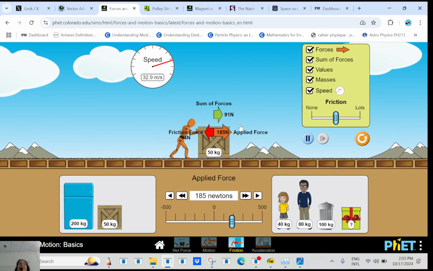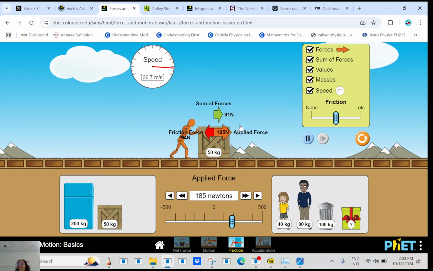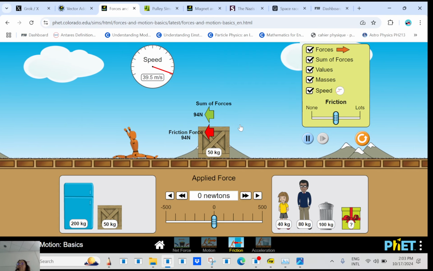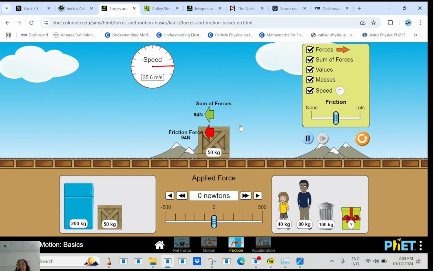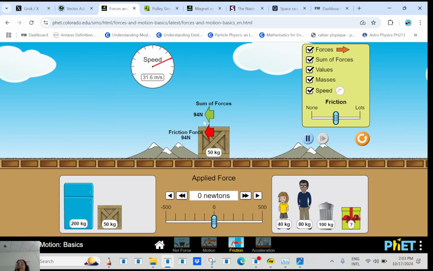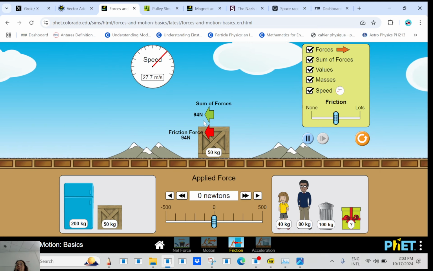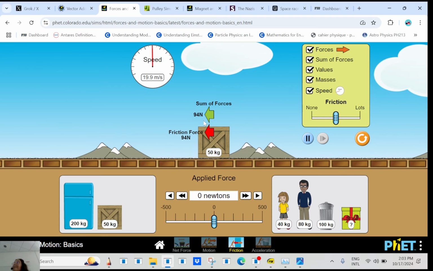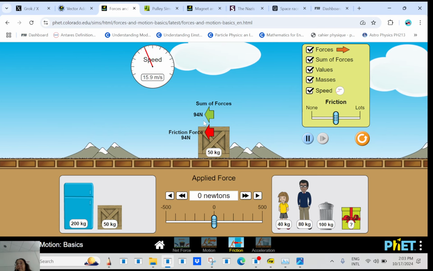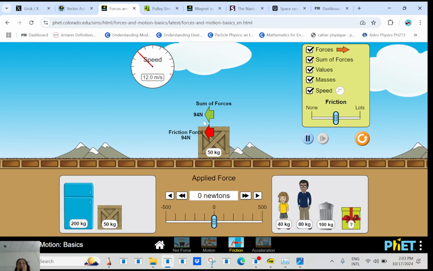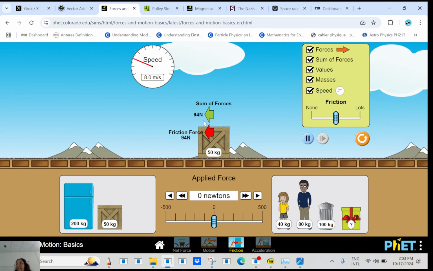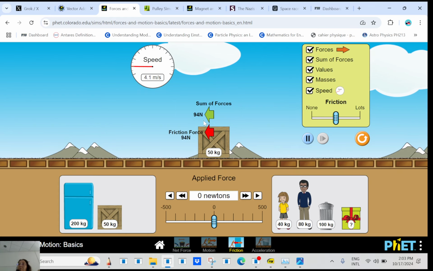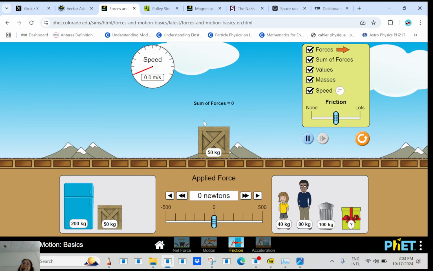So you saw here that the maximum static friction is about 125 Newton, but the kinetic friction is about 94 Newton. So in this case, the only force acting on the crate is kinetic friction. So the frictional forces always oppose the motion. They are anti-parallel to the motion.